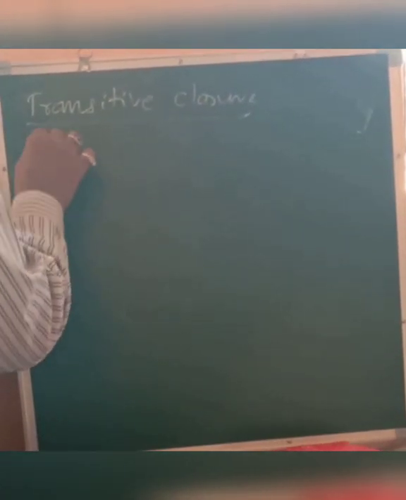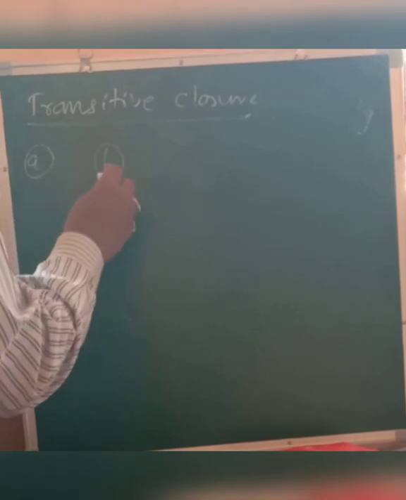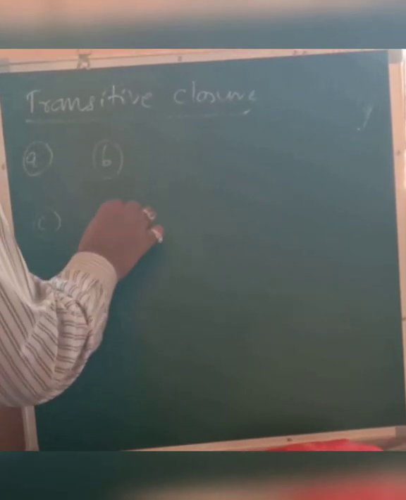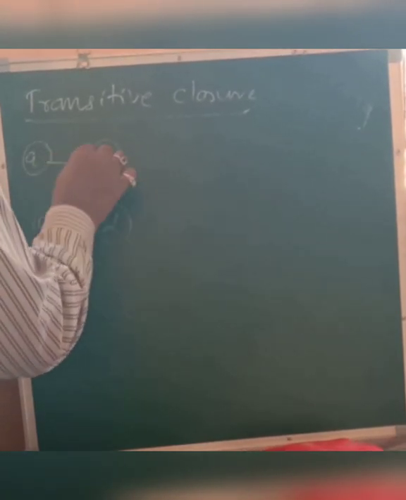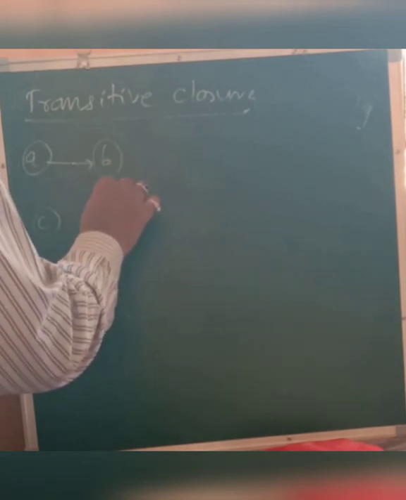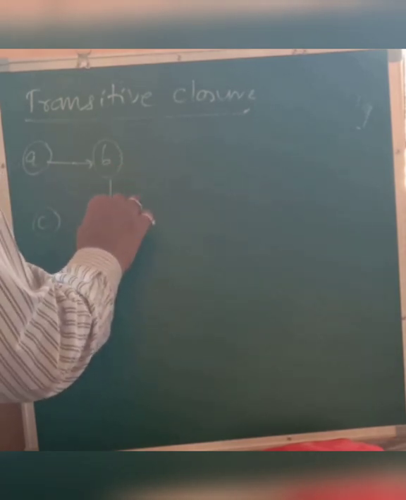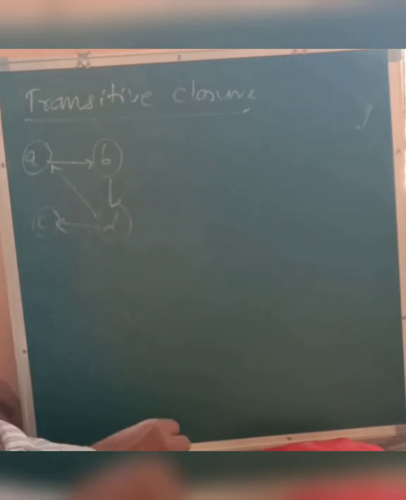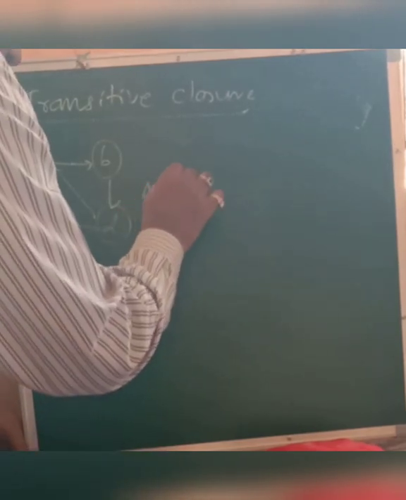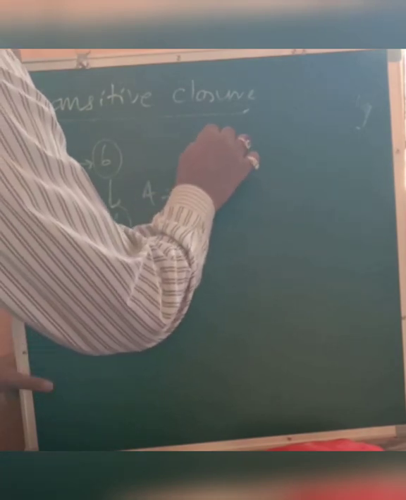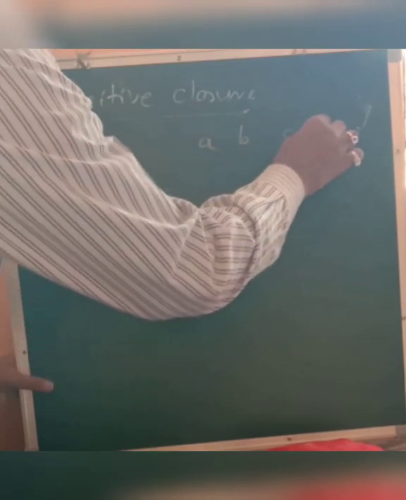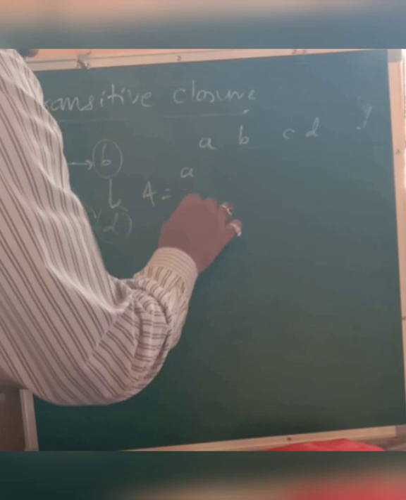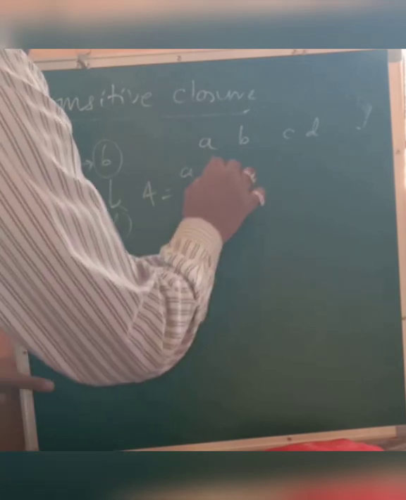In the transitive closure, we have A, B, C, D. The graph is there, and then another graph. Just like we have seen in the first part, we have this matrix with A, B, C, D, and again A, B, C, and D.